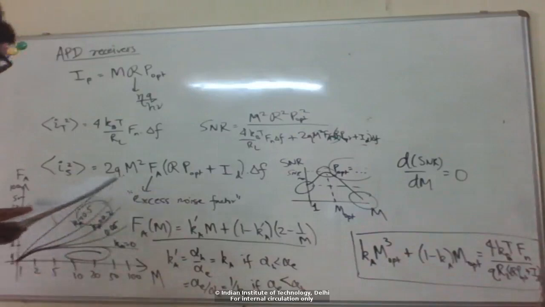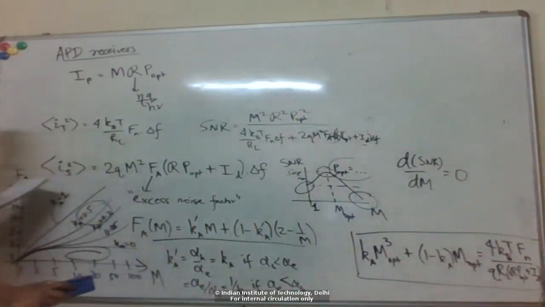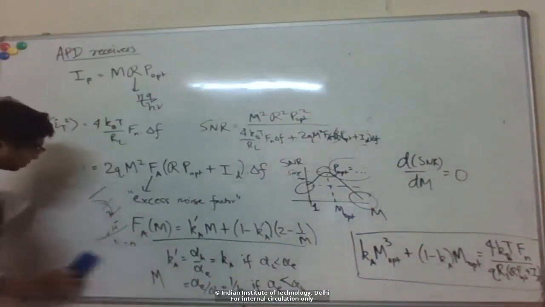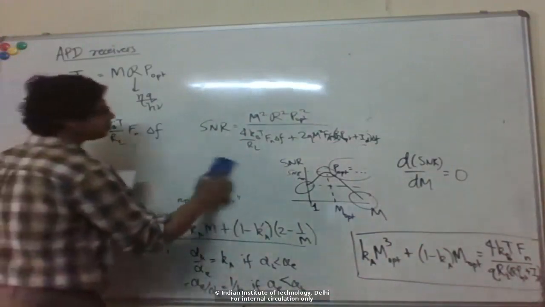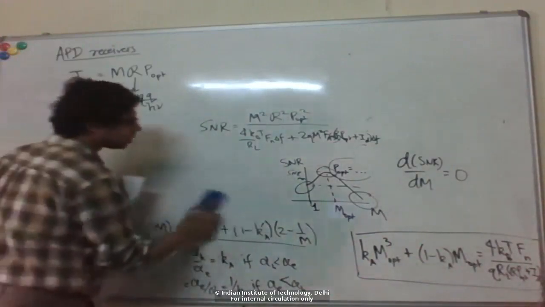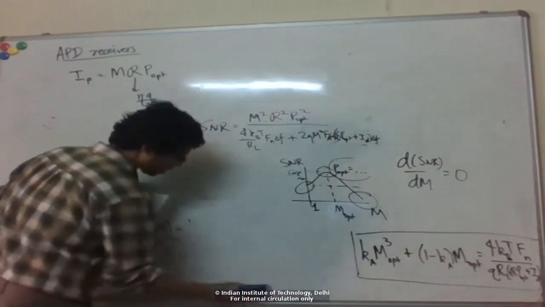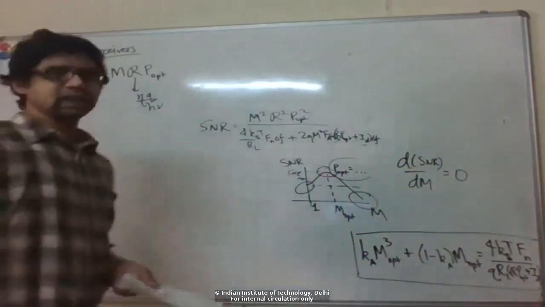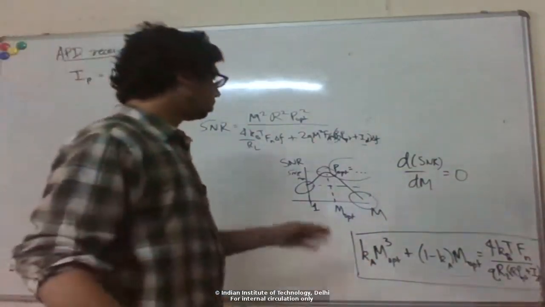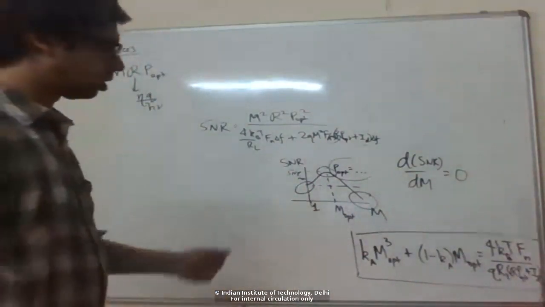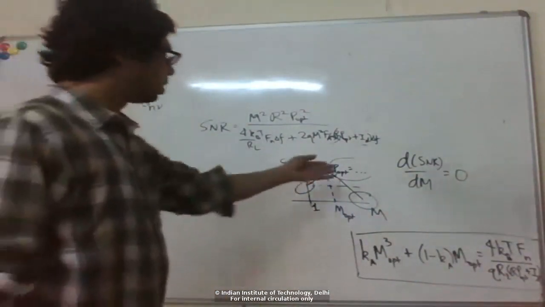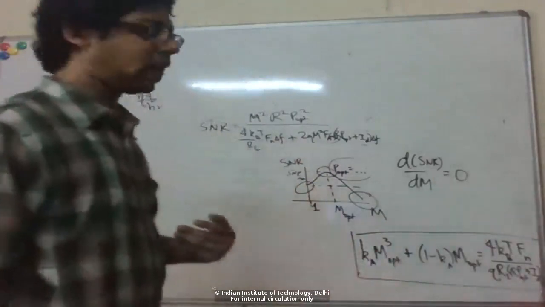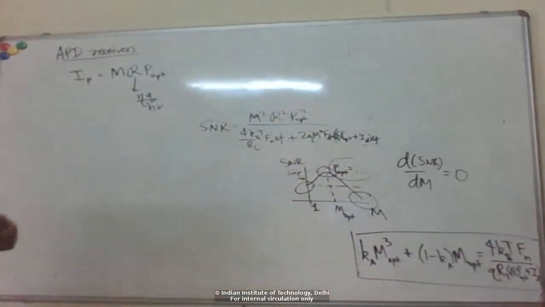Okay, and typically, so if you look at, right, what this is telling you is there is an optimum gain, right? Given the link you have and the power that you expect to receive, there is an optimum gain that you want. It's not that higher gain is always better, right? That's what this is telling you.